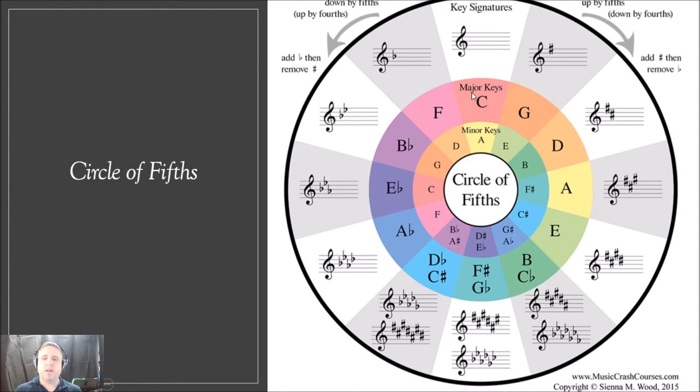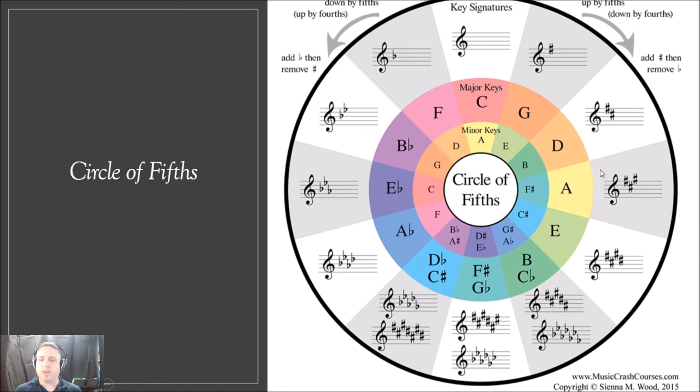The second ring shows you all the major keys, and the inner ring shows you the minor keys. And we'll talk about the relationship between these major and minor keys in just a moment. Now, if you go around the circle in a clockwise manner, you travel up by fifths: C to G, G to D, D to A, and so on.